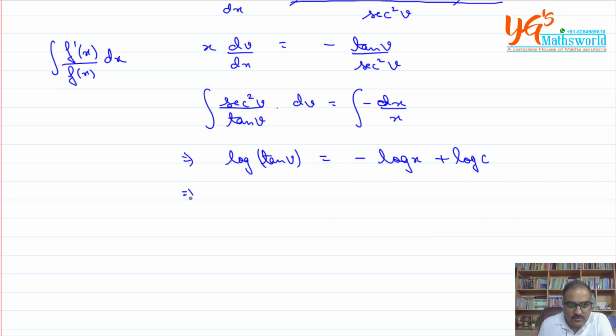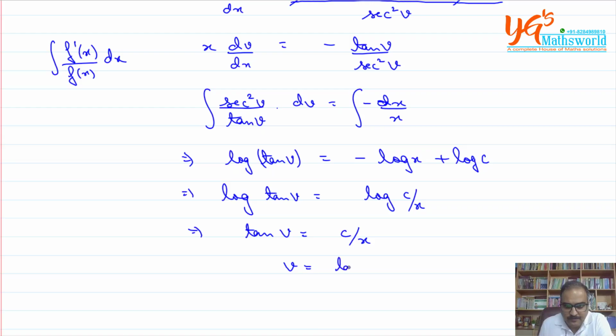So it comes to be log of tan v is equal to log m minus log n, log c over x. Taking anti-log on both sides, tan v is equal to c upon x, or we can say v is equal to tan inverse c upon x.